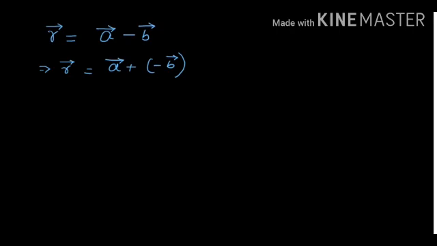One is vector A and another one is vector minus B.